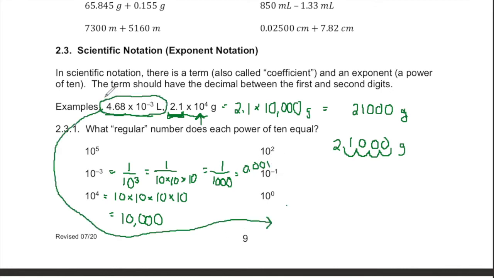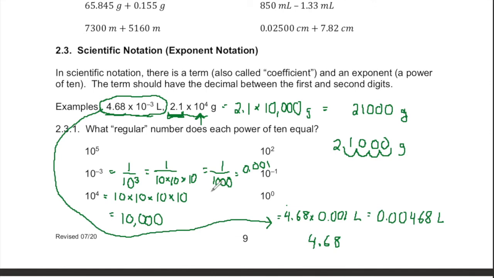So this scientific notation number here, 4.68 times 10 to the negative 3, is equal to 4.68 times 0.001 liters, which equals 0.00468 liters.